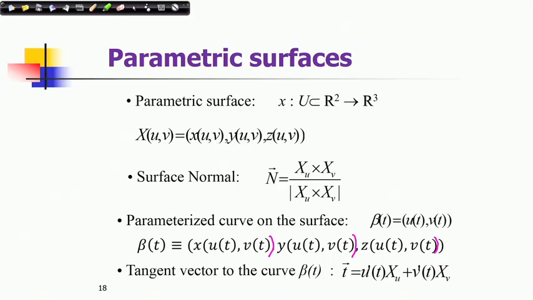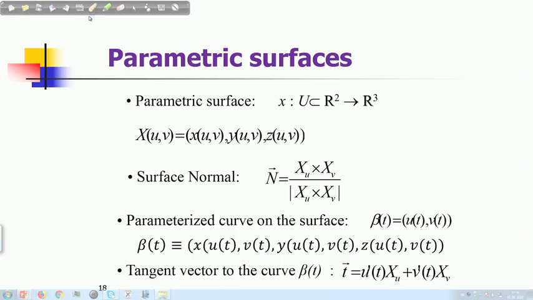So, each one will give you a vector. You can see x_u is a vector, x_v is also a vector, whereas u'(t) and v'(t) will each give you a single scalar value, because u(t) is a function. So, it is a weighted combination of these two vectors that would give you the tangent.